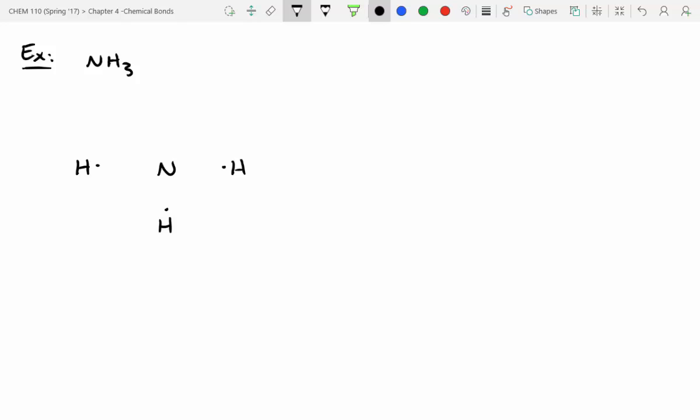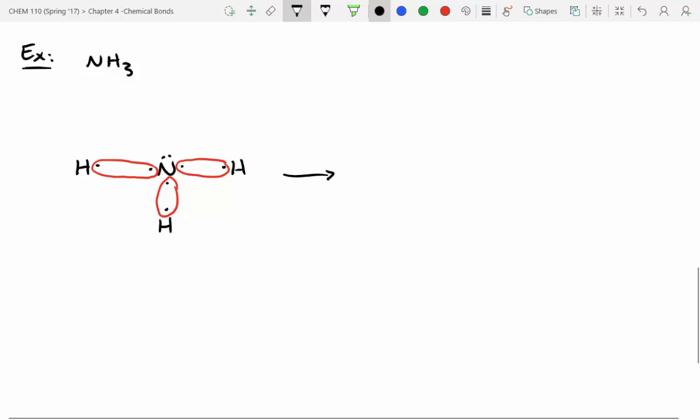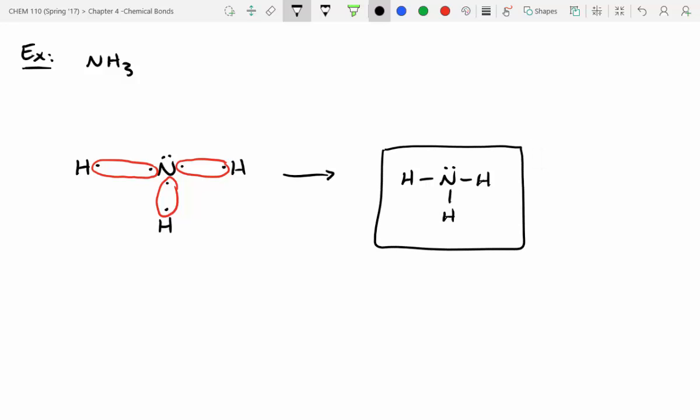Nitrogen has how many again? 5. So this was one we did yesterday. If we go ahead and draw the Lewis dot structure, we've got bonding pairs between the nitrogen and hydrogen, and then a lone pair left over.